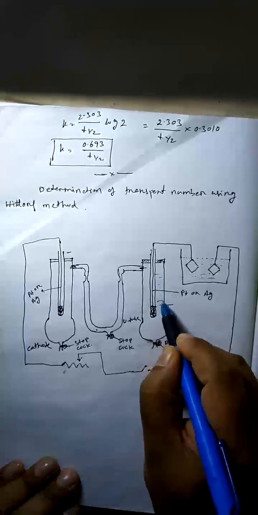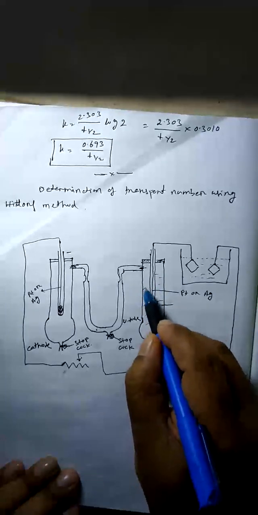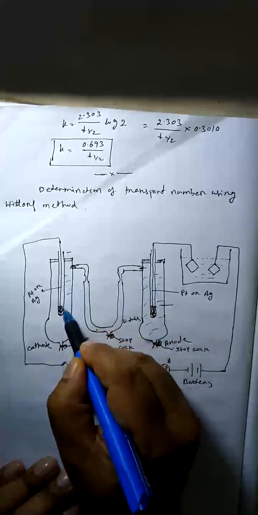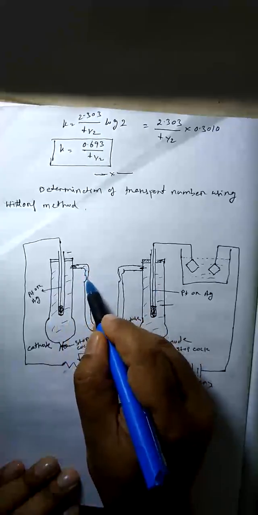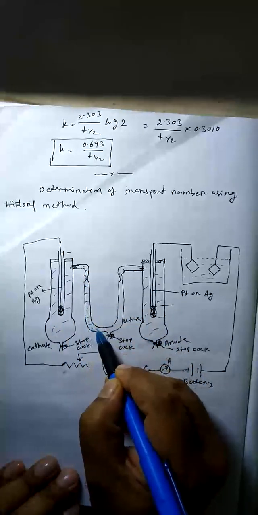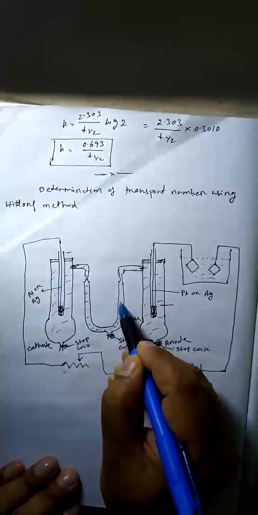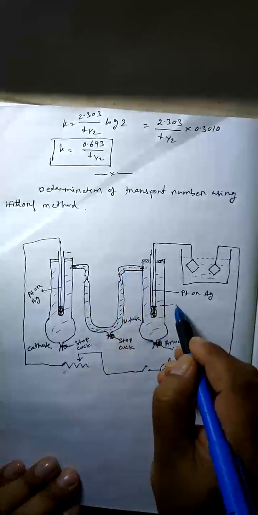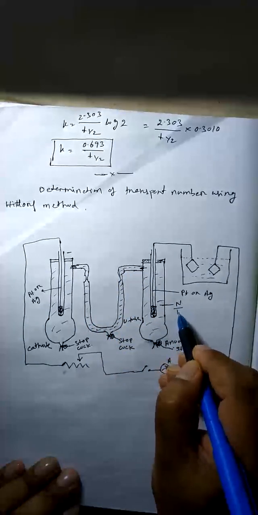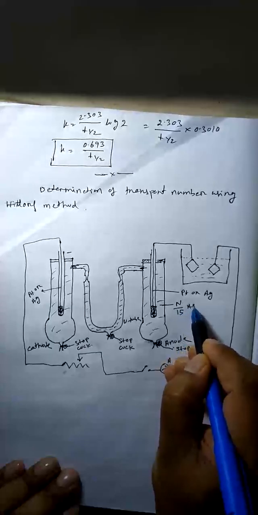Whatever amount of liquid is present inside, the same liquid is also present here, and the same liquid is also present in the U tube. Here the concentration is N/15 silver nitrate.